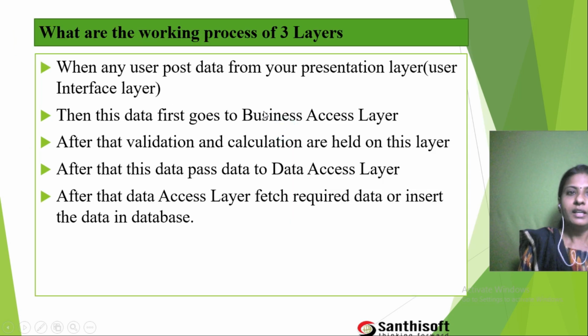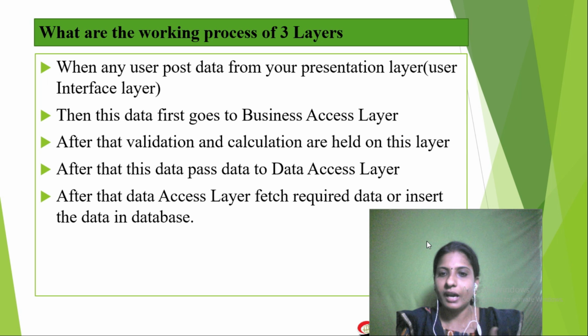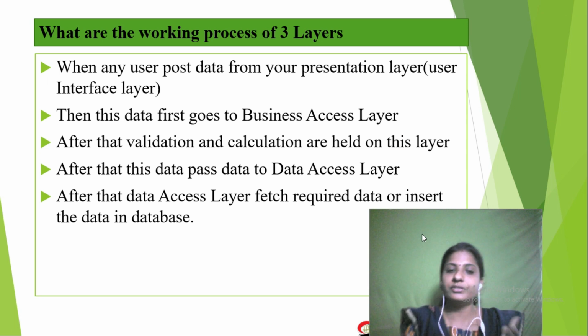See, when we post data from the presentation layer, this data first goes to the business access layer. Then after validation and calculation are done on this layer, the data is passed to the data access layer. Then the data access layer fetches the required data or inserts data in the database.